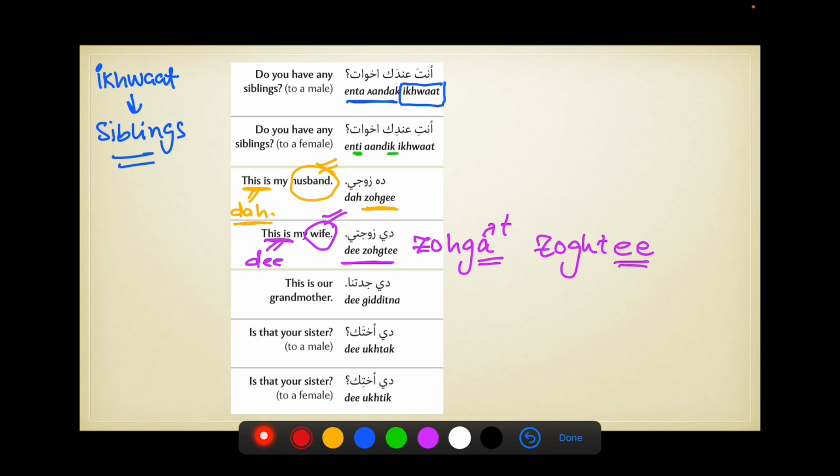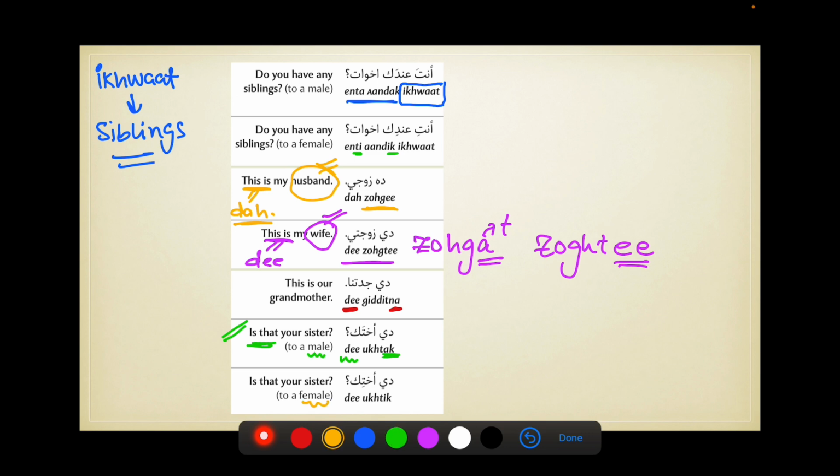The next example is this is our grandmother. This is will be di. Our grandmother will be geddit na. You will have to add na for our. Another example is, is that your sister? How do you say, is that your sister? For is that, you will write the same, di, and your sister will be ukhtak. You'll have to add ak if you're talking to a male.